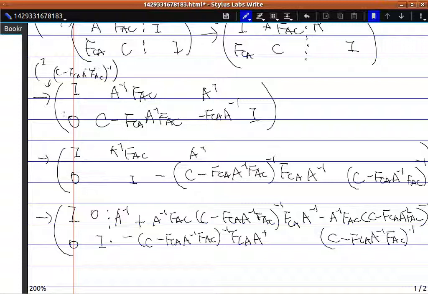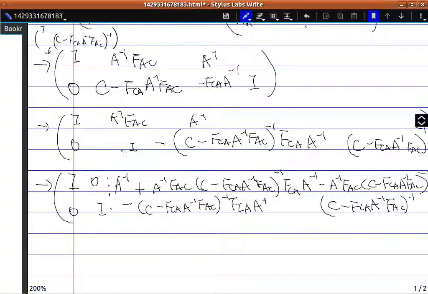So if we multiply this guy to this whole matrix here, I get this. And then again, I will multiply this row by this A inverse FAC, and subtract this first row by that multiple, and then I will get this. The first part of this matrix is now identity.